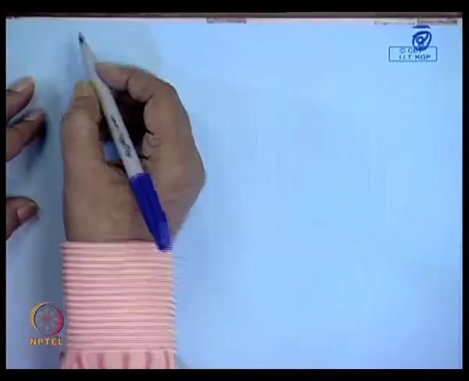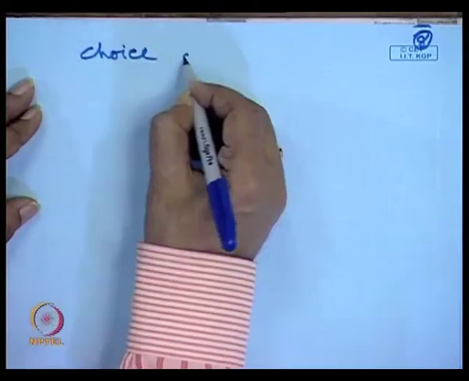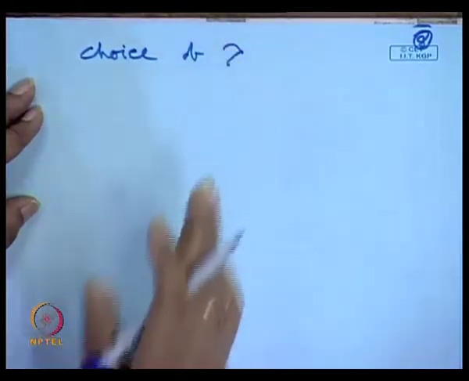Now, before that we will see what should be the choice of our lambda, that means, in the d direction how far we will move from y of 0, to what length in the direction of d we will move.